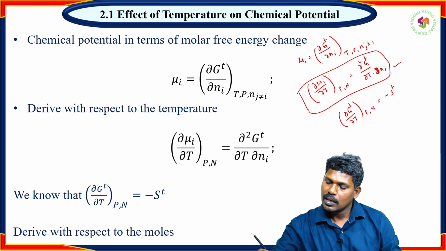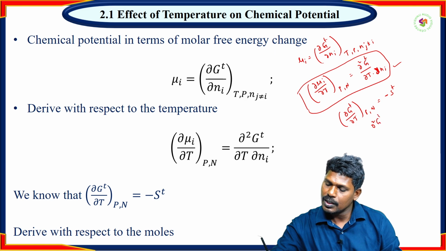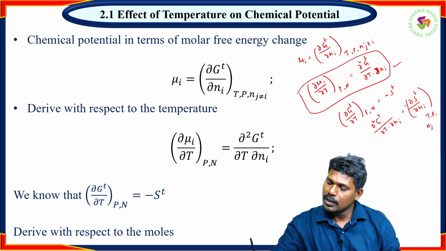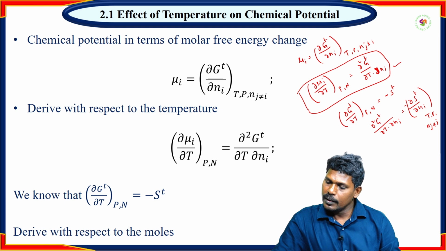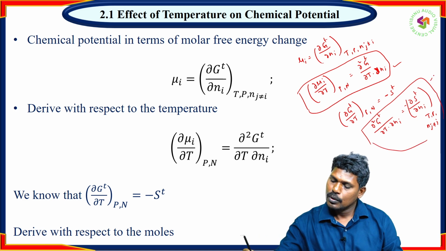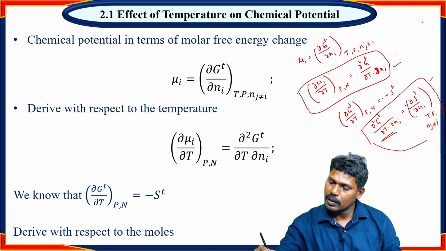Now differentiate this expression with respect to the number of moles. Then we get dou square Gt by dou T dou Ni is equal to minus dou St by dou Ni, because we are doing it with Ni at constant temperature, constant pressure, Nj not equal to i. For both to be equal, we equate them.